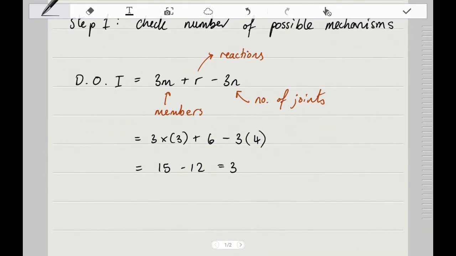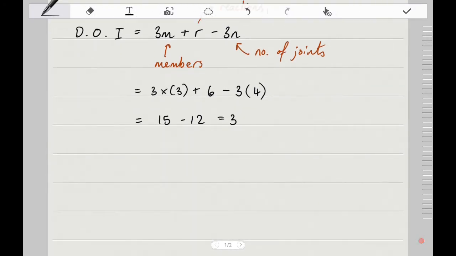Next thing to do is to determine the number of possible hinge positions.